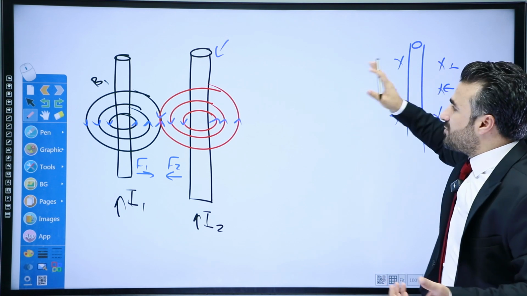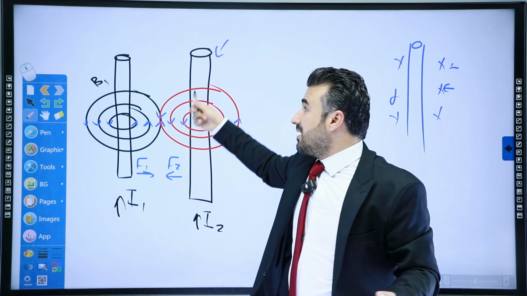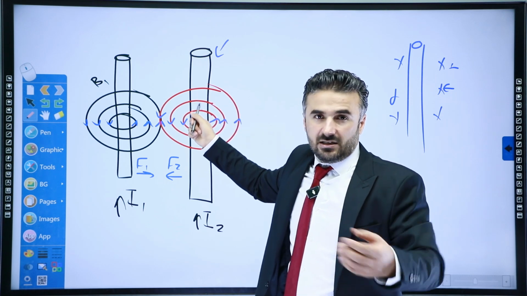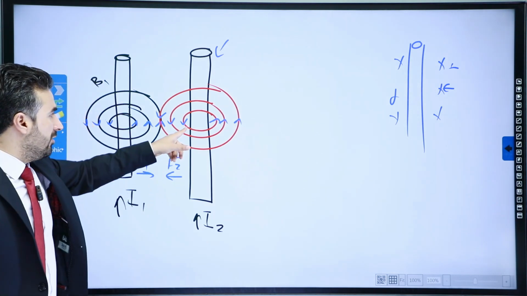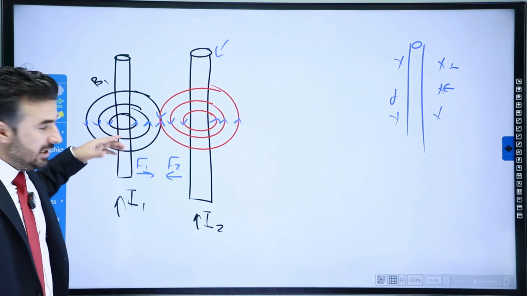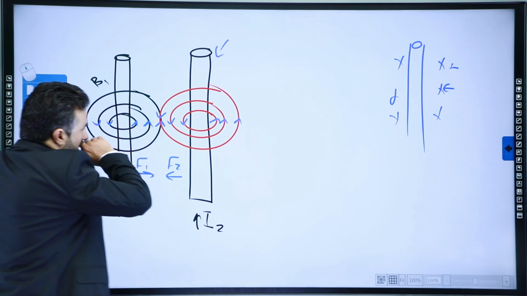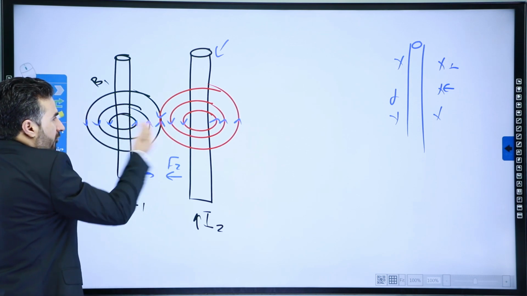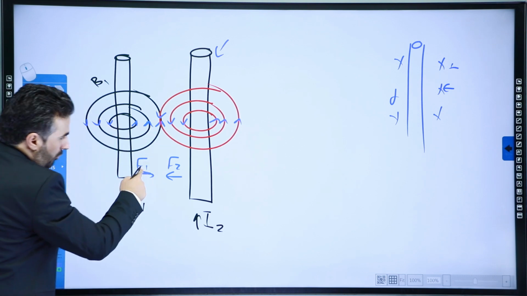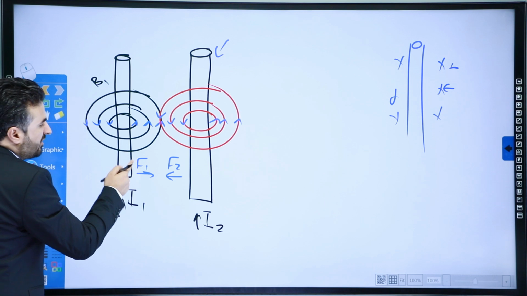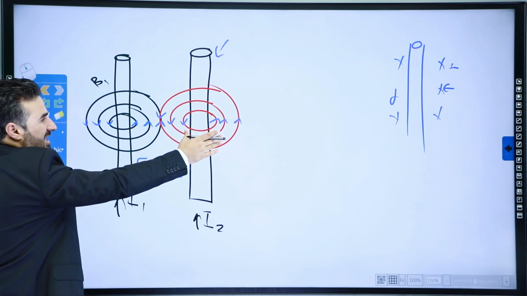This magnetic field is provided by the second current-carrying wire, and you can see that it will be perpendicular to this wire. So the force that we get is due to this field here, and this force would not happen if we did not have this magnetic field.